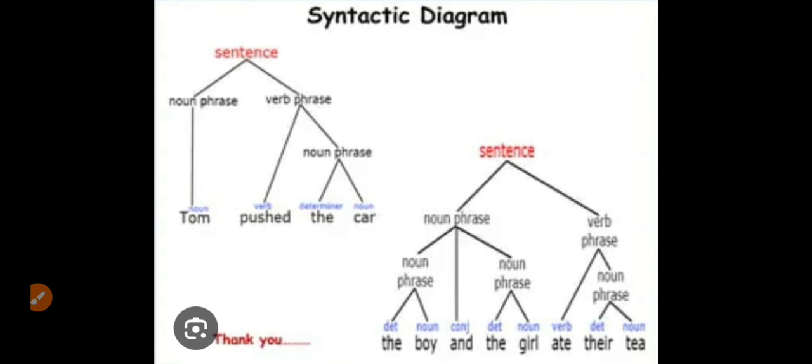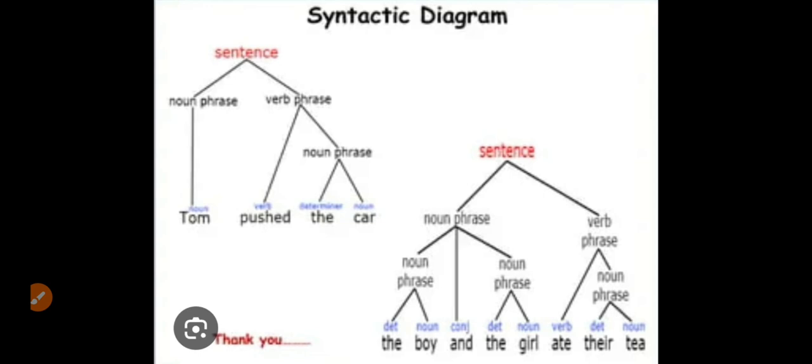First of all, we all know that IC analysis is immediate constituents, right? I have made one separate video on IC analysis, but I am telling you that it is immediate constituents.